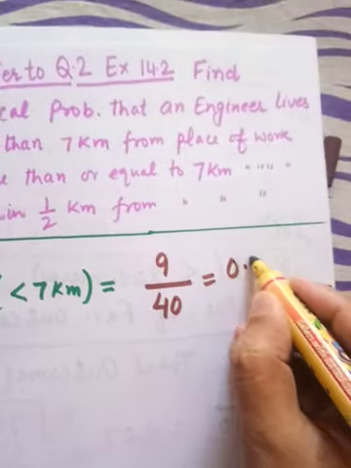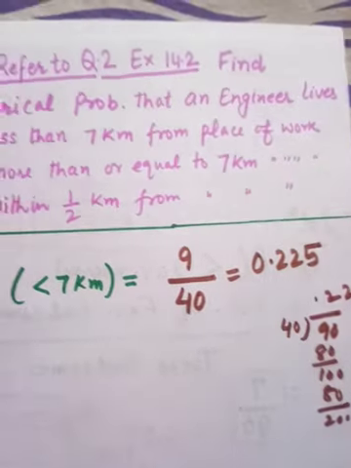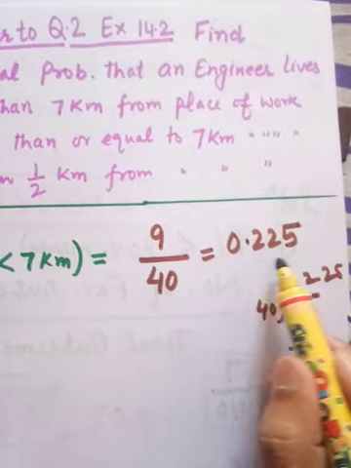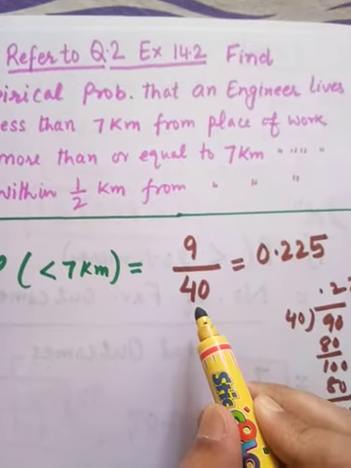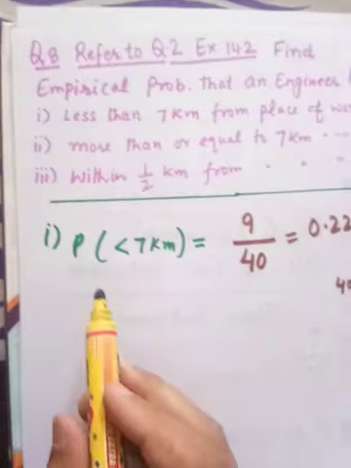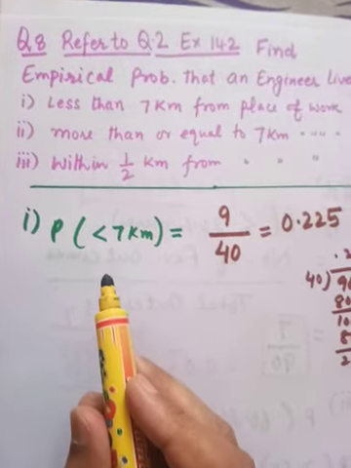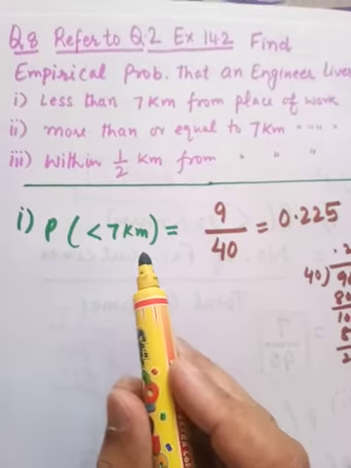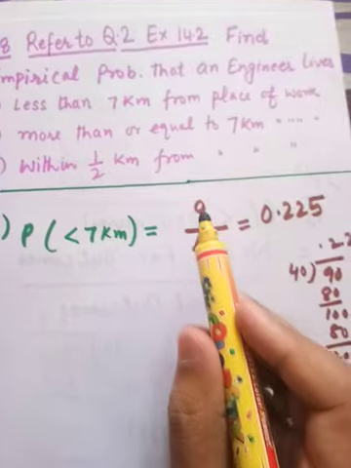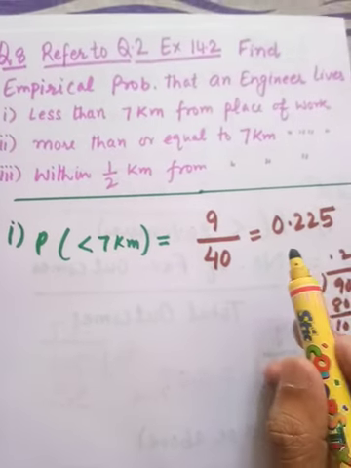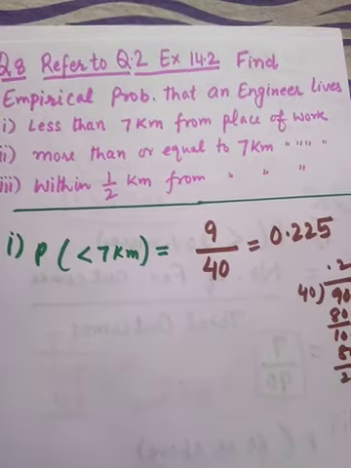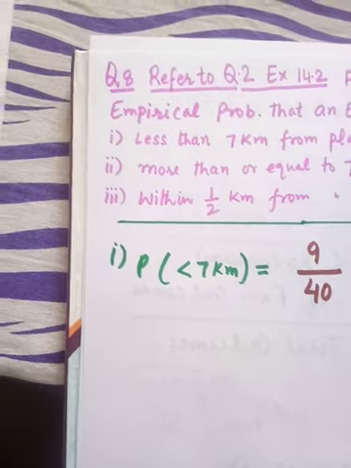So this is 0.225. Students, it is not necessary that you write the decimal. You can also leave your answer up to here. So the probability of the engineers traveling less than 7 km from their residence is 9 by 40, that is 0.225.